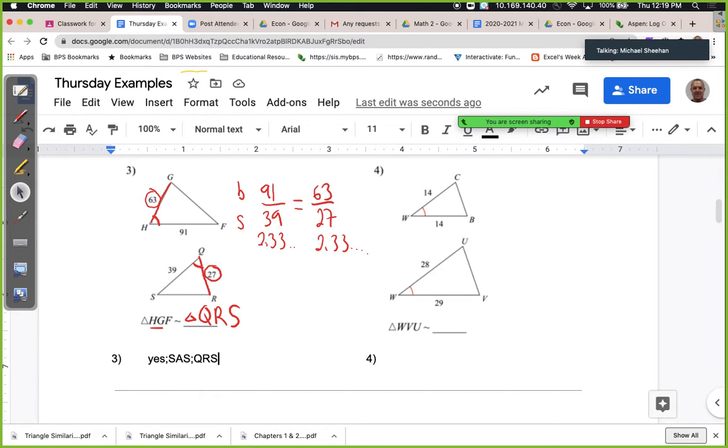How are we feeling about number 3? Good. Okay. Can anybody tell just from looking at number 4 whether it's a yes or a no?